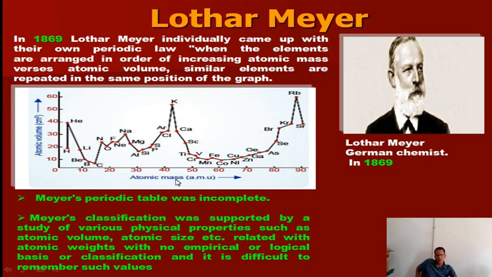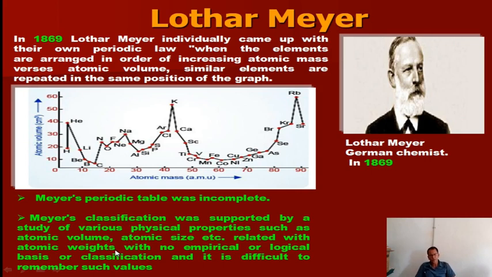The major drawback is the table was incomplete. The table of Lothar Meyer was incomplete, and he selected many properties, taking atomic mass as the comparison with others.